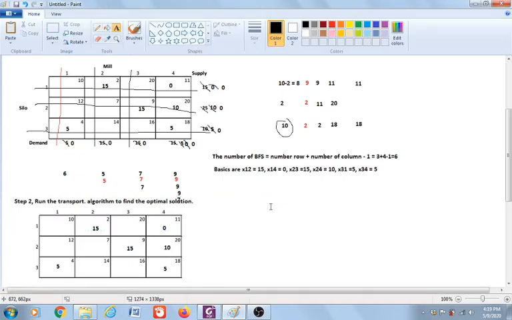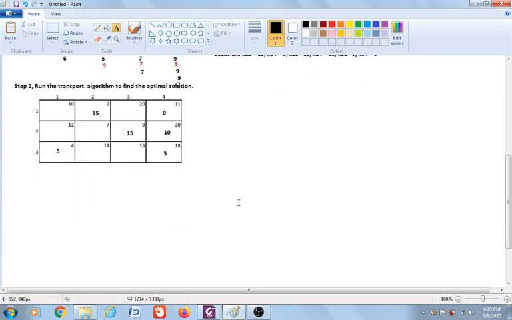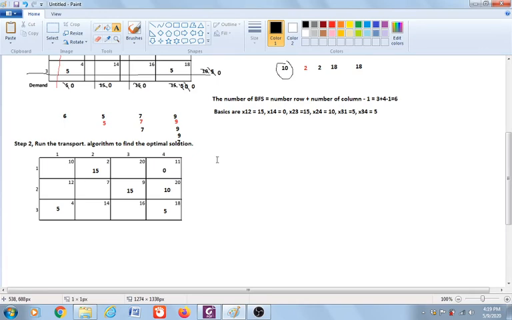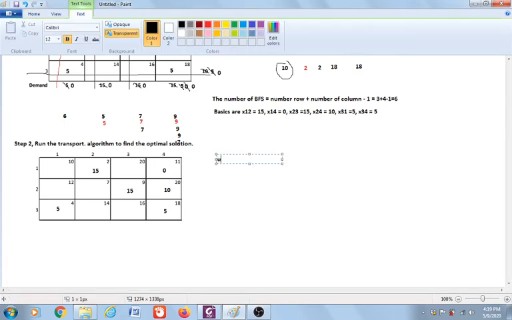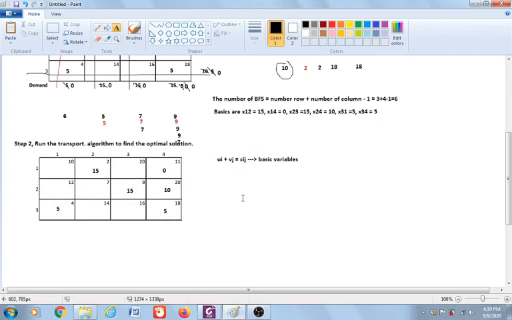Okay, so there are two very simple equations that we need to use. The equations are, ui plus vj must be equal to cij, and this equation is for basic variables.